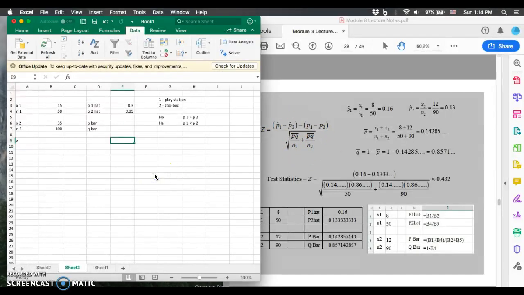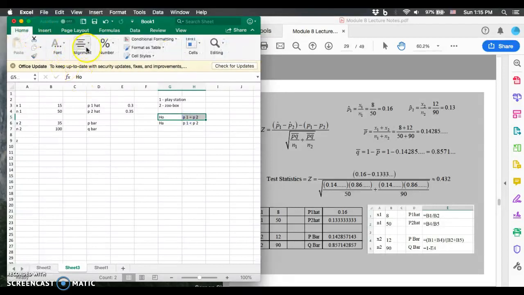For the P1 and P2, because of our null hypothesis, P1 minus P2 is always going to be 0.